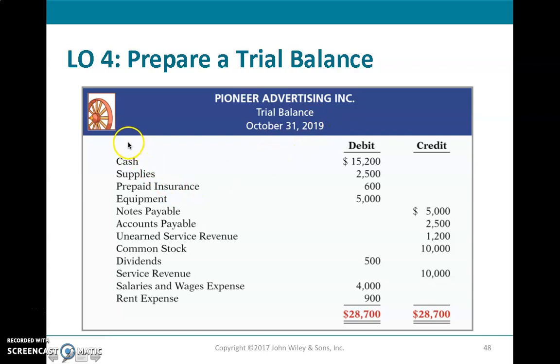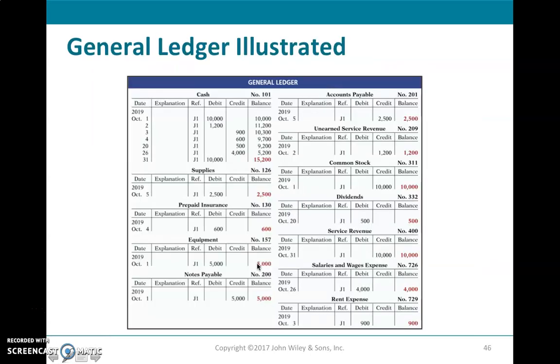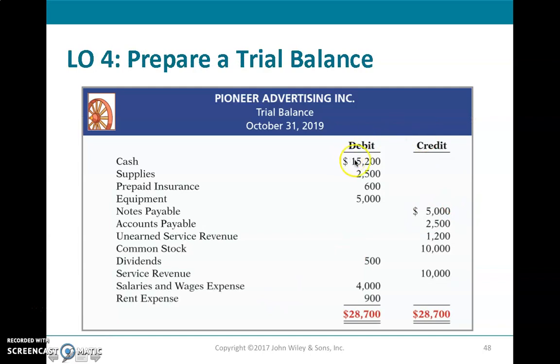And the trial balance will have 3 columns: the name of the accounts, a debit column, and a credit column. Where do we get the data for the debit and credit columns and the names of the accounts? We get the data from the general ledger. If you look at it, cash has an ending balance of $15,200, supplies $2,500, prepaid insurance $600, $5,000 for equipment, $5,000 for notes payable, but you gotta know which column to put these on.